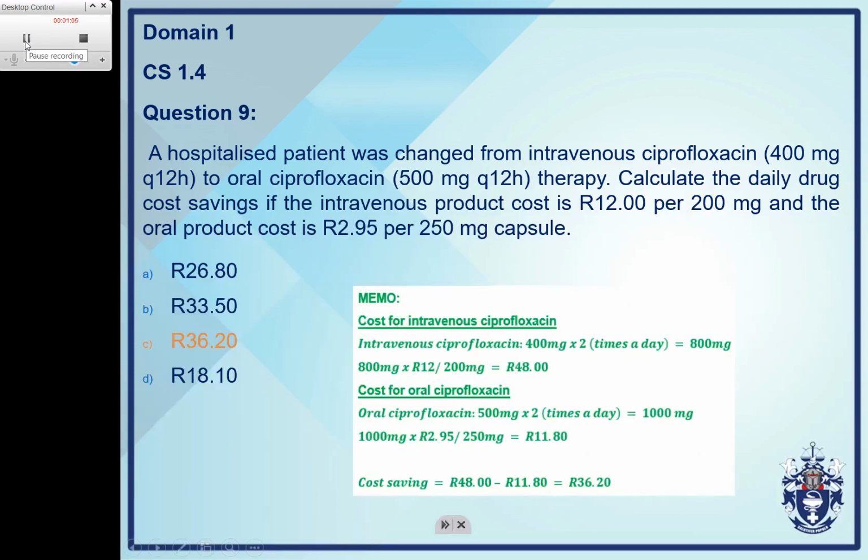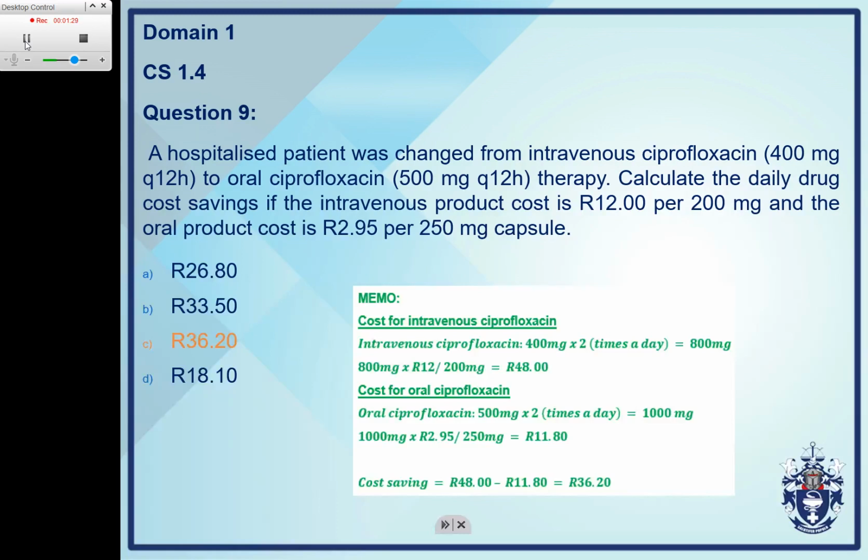In your approach on this calculation, please note that for both routes of administration, it is a twice daily regimen. So the dose is administered every 12 hours. So the approach that we followed here is to calculate the quantity of drug that is needed for a 24-hour cycle.